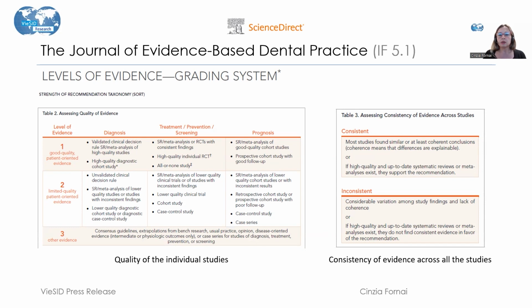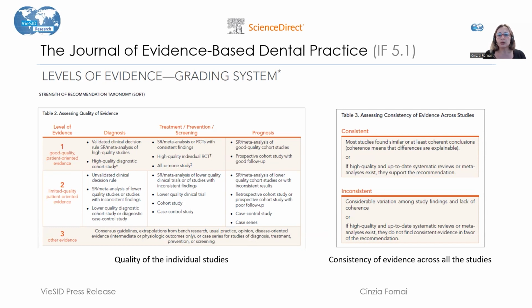This system is based on key elements such as the quality of the individual studies and the consistency of evidence across all the studies. The single studies can be classified into 3 groups based on the evaluation of the level of evidence with specific indications for the cases of diagnosis, treatment, or prognosis.